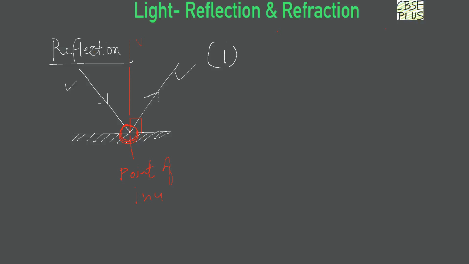So all these three things, incident, reflected, and the normal, meet at the point of incidence. They are in the same plane. The first rule is that the incident ray, the reflected ray, and the normal at the point of incidence all lie in the same plane.